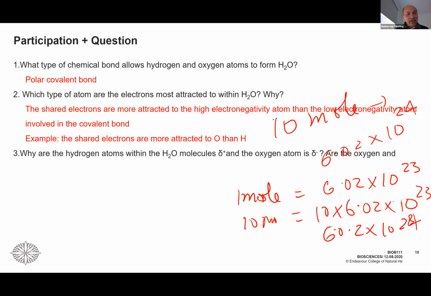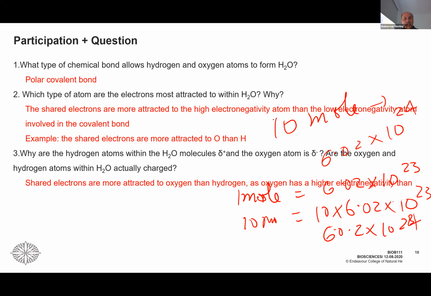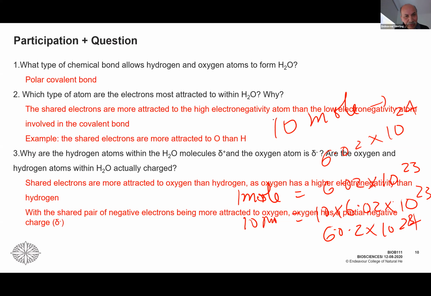Okay. Why are the hydrogen atoms within H2O molecules positive and oxygen negative? Is it a true charge? Shared electrons are attracted to oxygen more than hydrogen, as oxygen has high electronegativity. With the shared pair of electrons being more attracted to oxygen, you get a partial charge there.